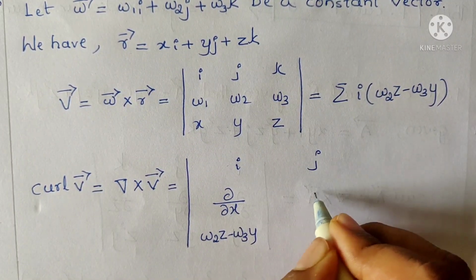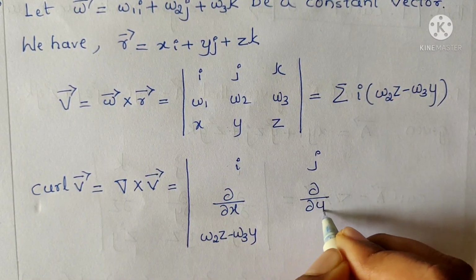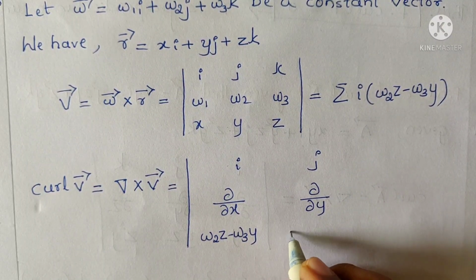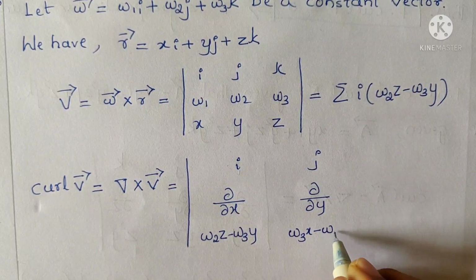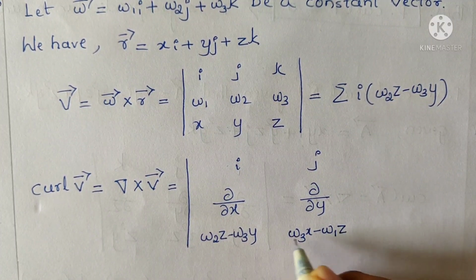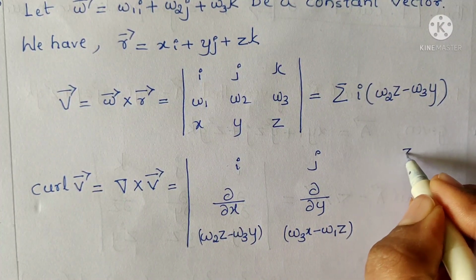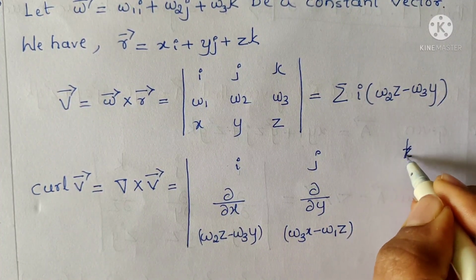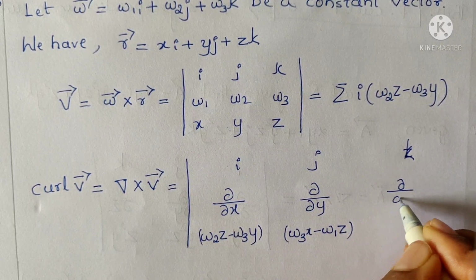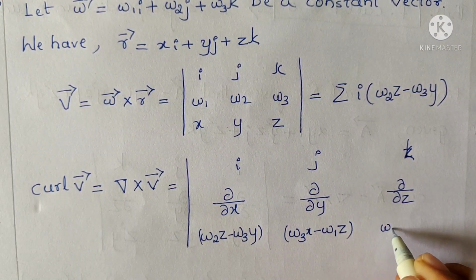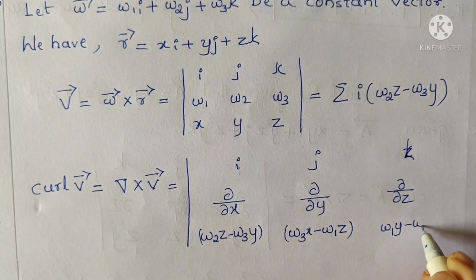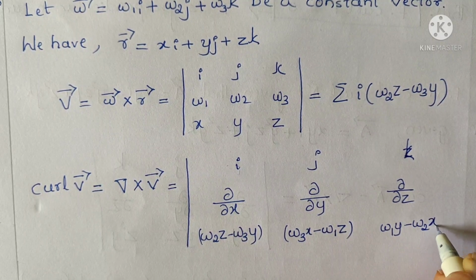Next comes j, dou by dou y. The coefficient of j is w3x minus w1z. It is symmetrical. So z, k, this is dou by dou z. Then it is w1y minus w2x.